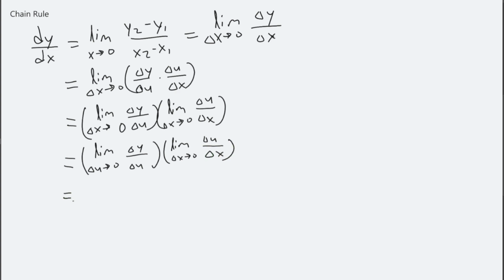And remember, this is just the definition of the derivative here. So this is going to be dy by du multiplied by du by dx. And that is the proof of the chain rule by the definition of derivative.